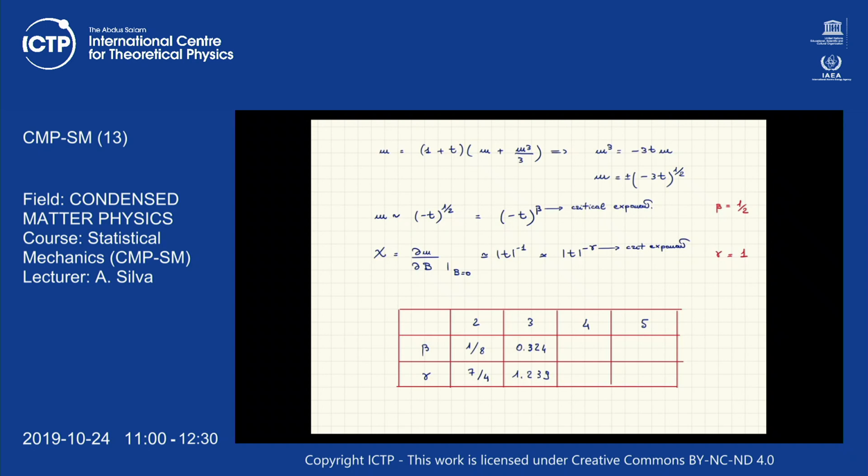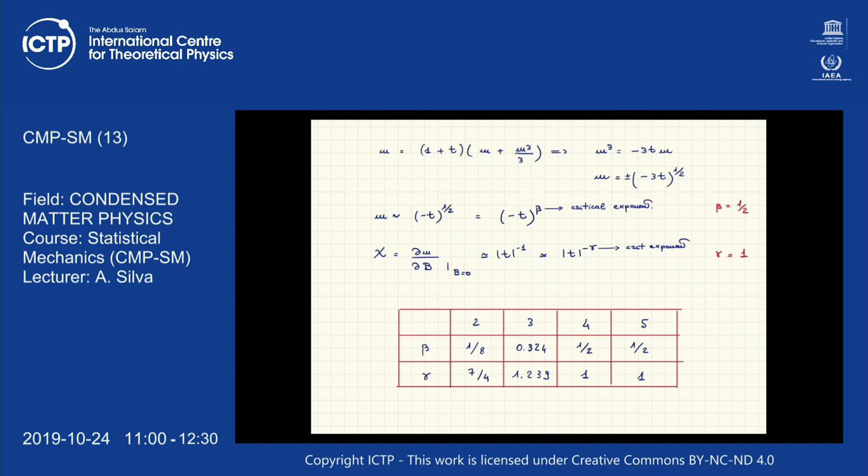But in 4 dimensions, lo and behold, you get 1/2 and 1. And in 5 dimensions, you get the same. And in 6 dimensions, the same. You know already this stuff, right?